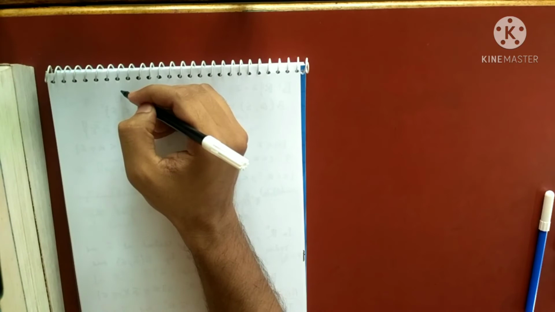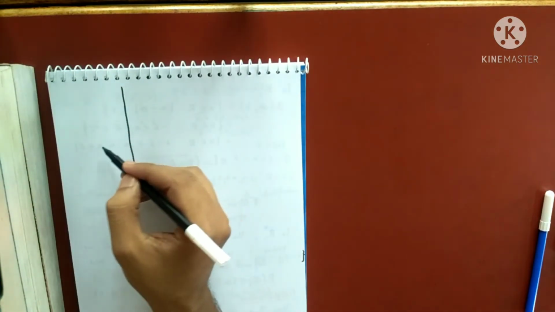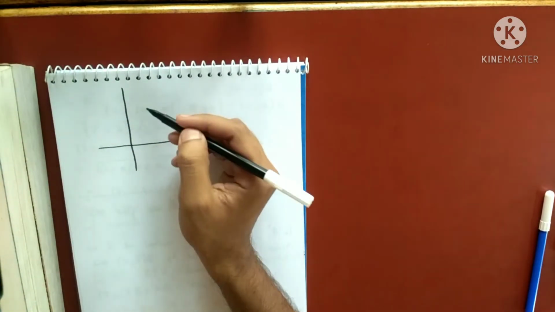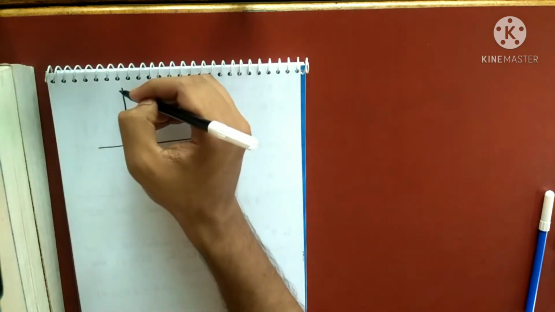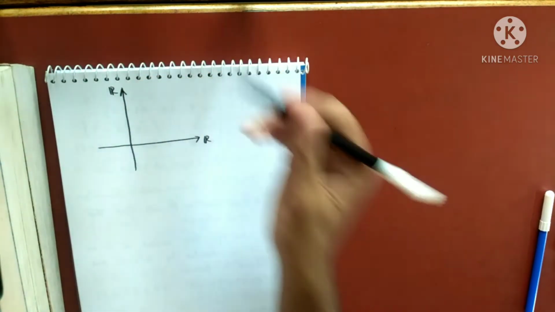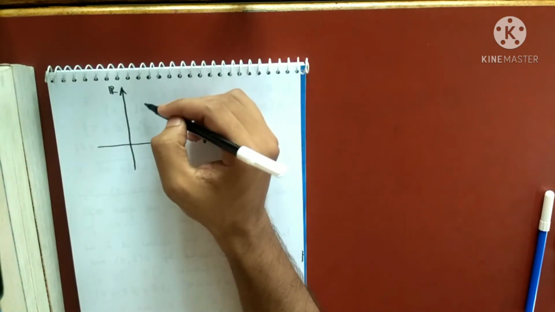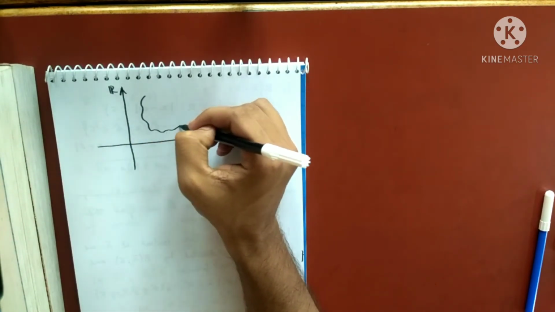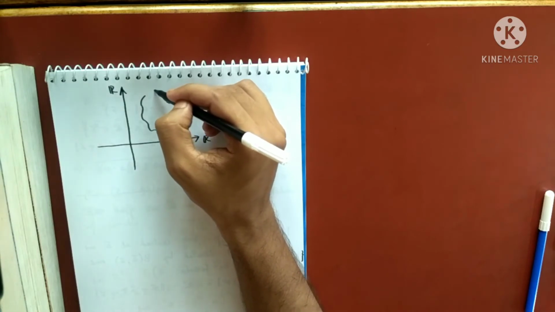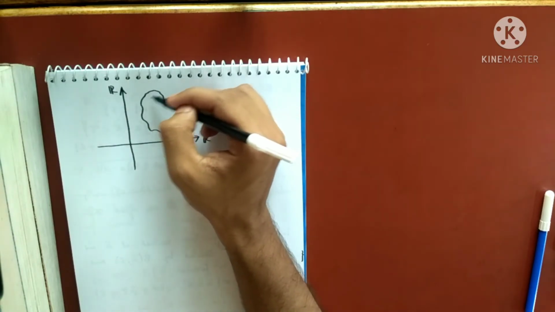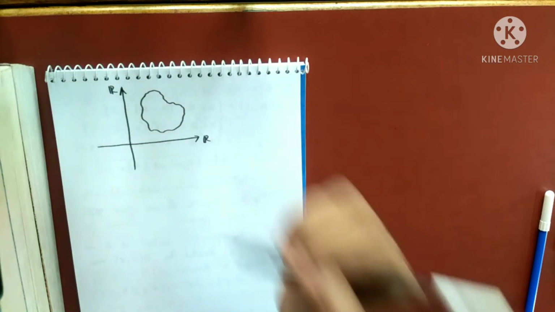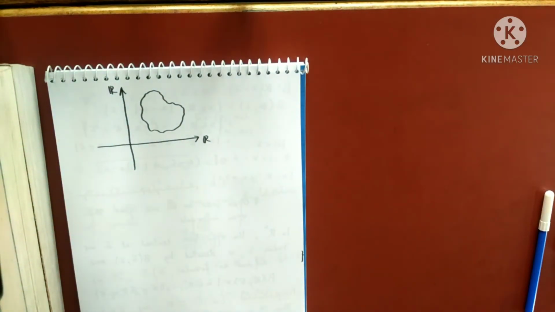So let's again talk about R2. This is R2, this is R and this is again R. I am taking some set of R2. I don't know what this set is, it is a collection of all points.